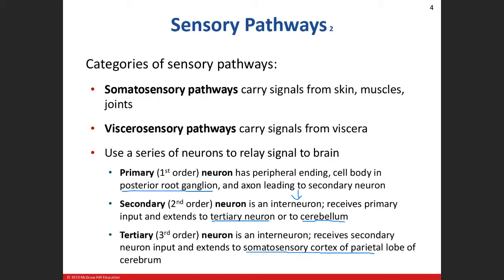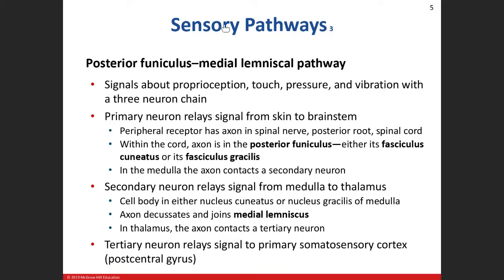All right, so that's just a general, generic, not story, but process here, okay? Now let's get specific. Let's talk about specific types of sensory pathways. The first one is the posterior funiculus, also known as the medial lemniscal pathway.